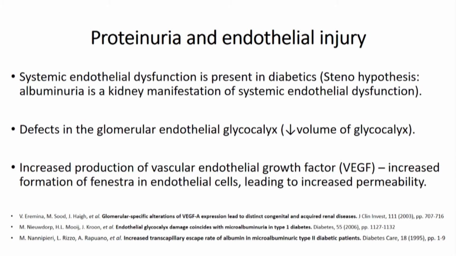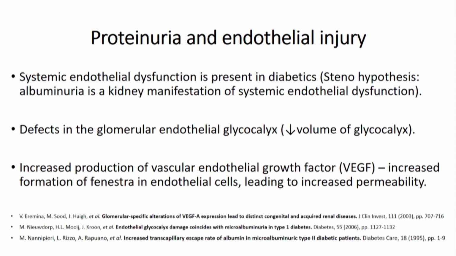Furthermore, the authors connect proteinuria with endothelial injury. They stated that systemic endothelial dysfunction is present in diabetics. We are familiar with the Steno hypothesis: albuminuria is a kidney manifestation of systemic endothelial dysfunction.